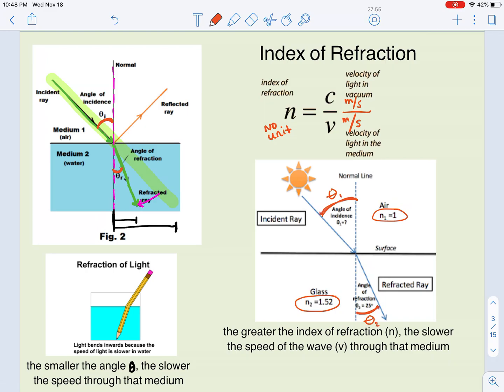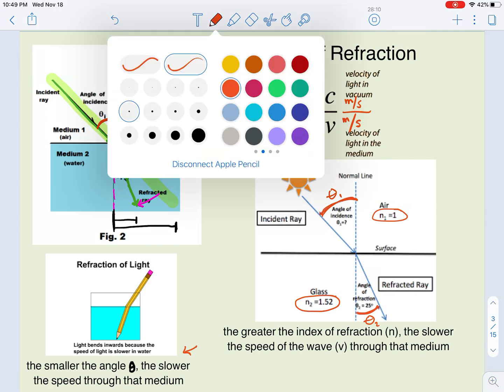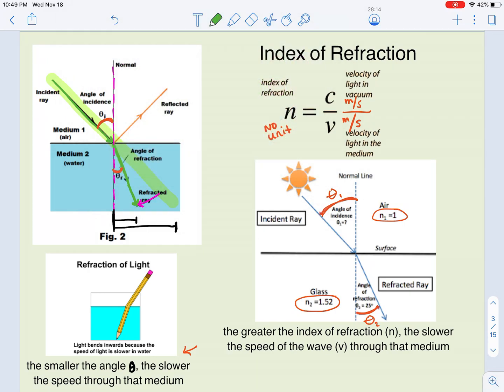And my refracted angle could be identified as theta R for refraction, but we're often going to just say the first medium and the second medium. So I can see that my theta 2, or my refracted angle, is smaller than the incident, so that, based off of what we were told over here, tells me that the speed is slower.